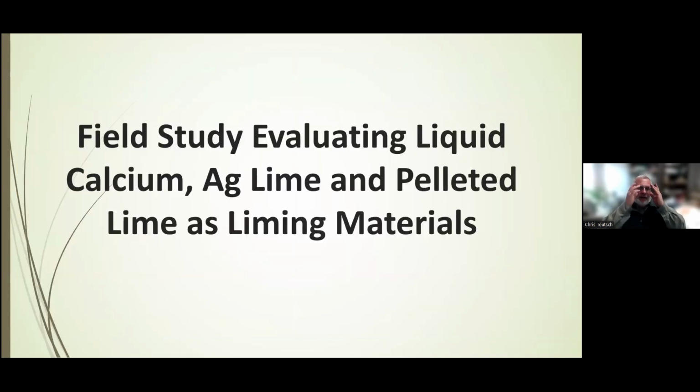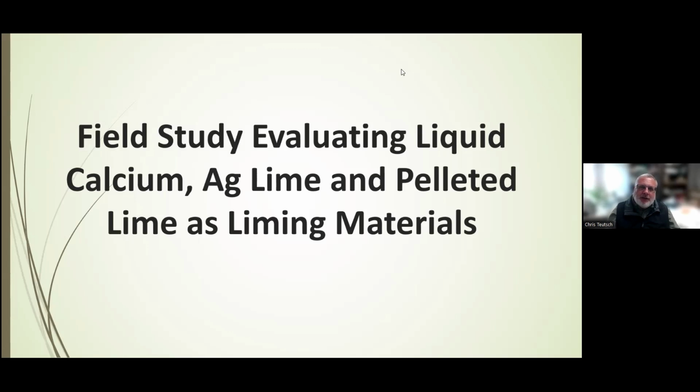So I did a field study with my colleague Edwin Ritchie here at the research station, and we evaluated ProCal, which is actually liquid calcium, agricultural limestone that you would get from a quarry, or pelleted limestone that you can buy at a store or at a farm supply.